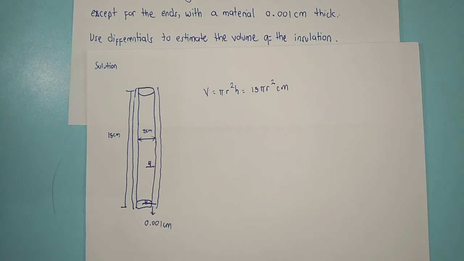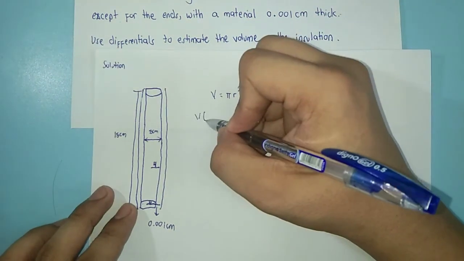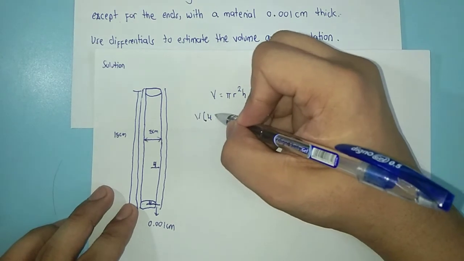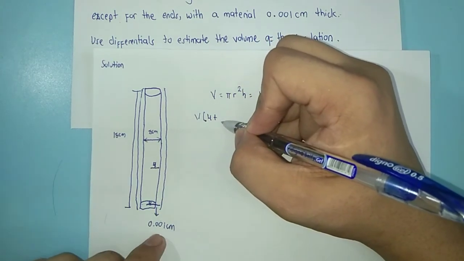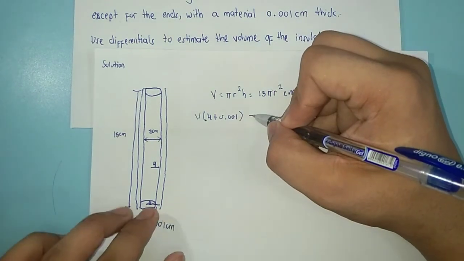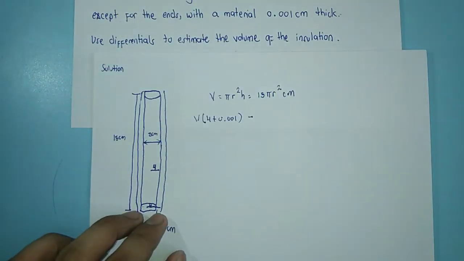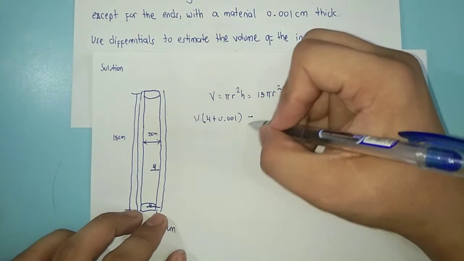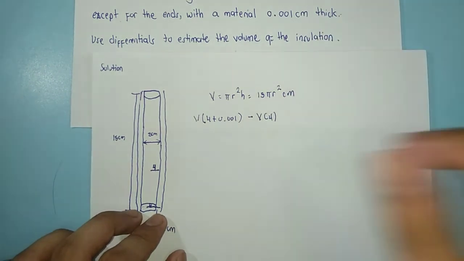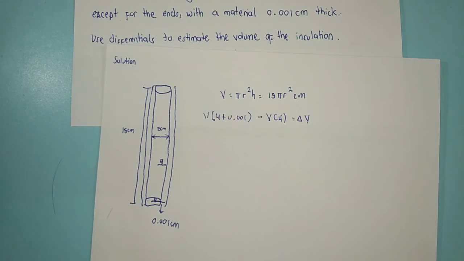Then, yung volume ng material, that is V of 4 plus 0.001, minus yung volume ng loob, para makuha yung volume ng material na pinangtakip doon sa metal rod natin. So V of 4. Ito yung change in volume, or delta V. So, i-estimate natin yan using differential.